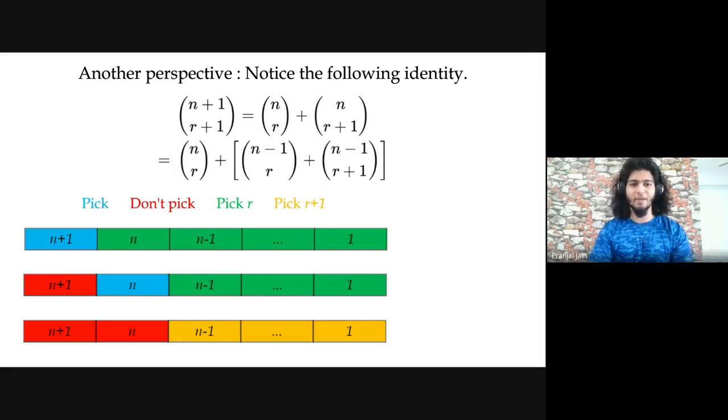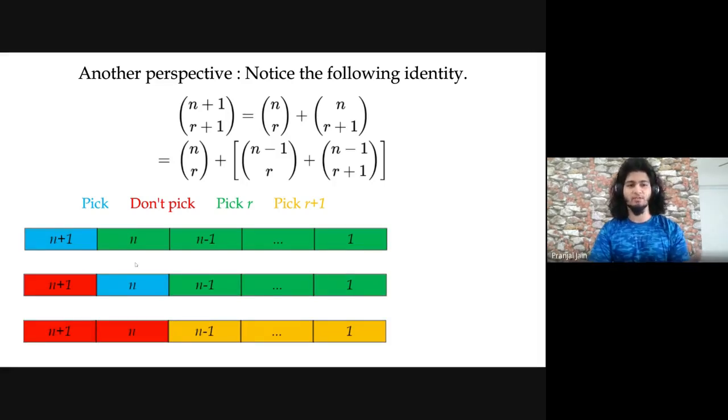So again, in the same way, we can make sense of it. So first case is that you pick n plus one. So it's blue, and I've color coded it here. And you pick r from these green ones. And the other case is you don't pick n plus one and you pick n. So the cases where you don't pick n plus one are basically divided into two.